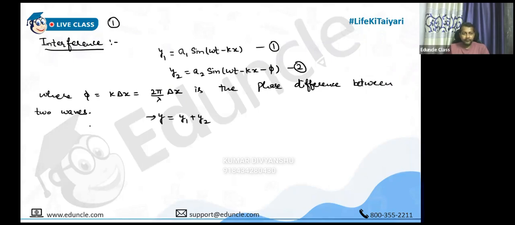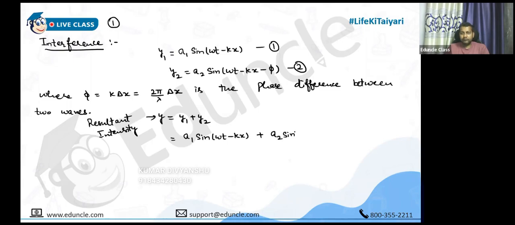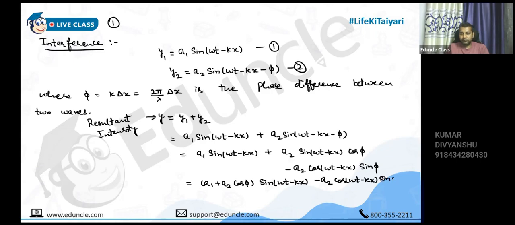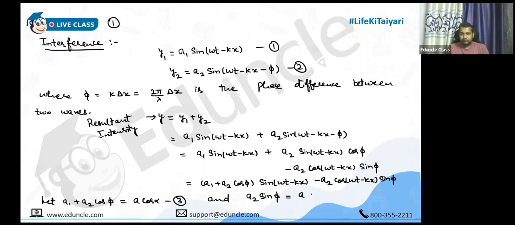The resultant intensity: sin A cos B minus cos A sin B. Is it clear up to this point? And then we can get the resultant.